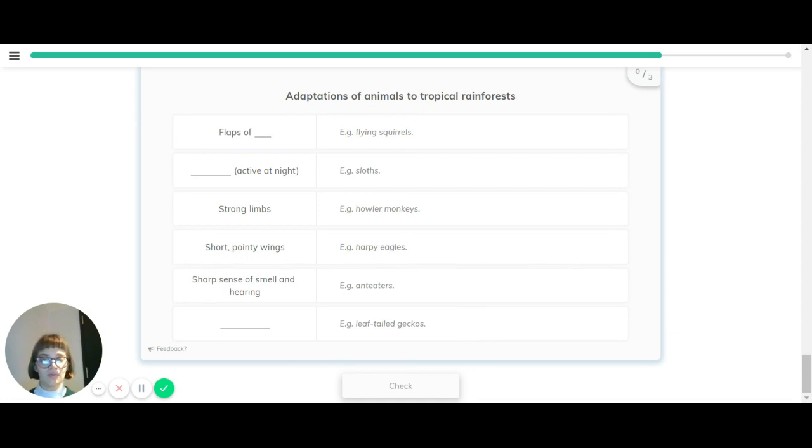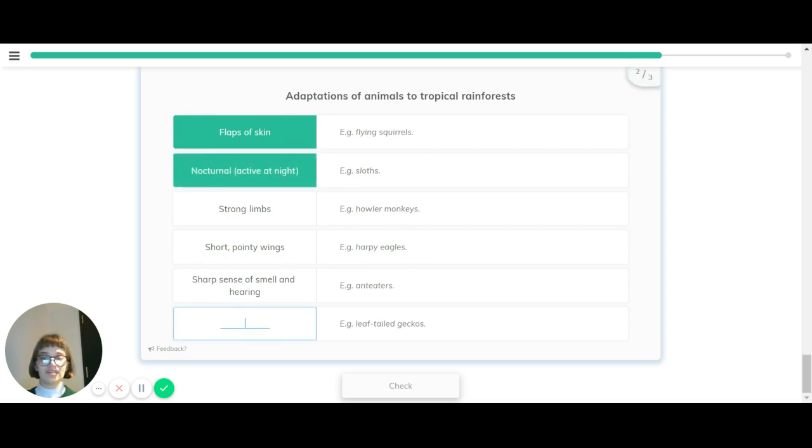So we've got flying squirrels, and they are adapted to have flaps of skin that help them glide. Sloths, which are active at night, which means they're nocturnal. Howler monkeys have strong limbs. Harpy eagles have short pointy wings.